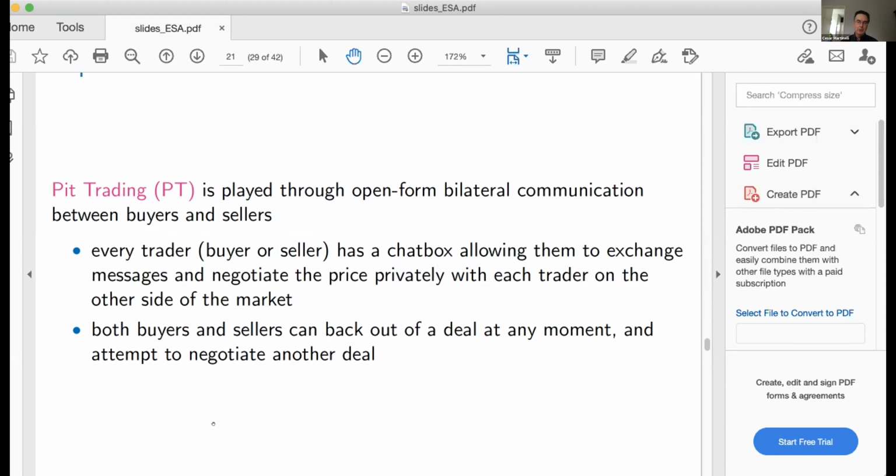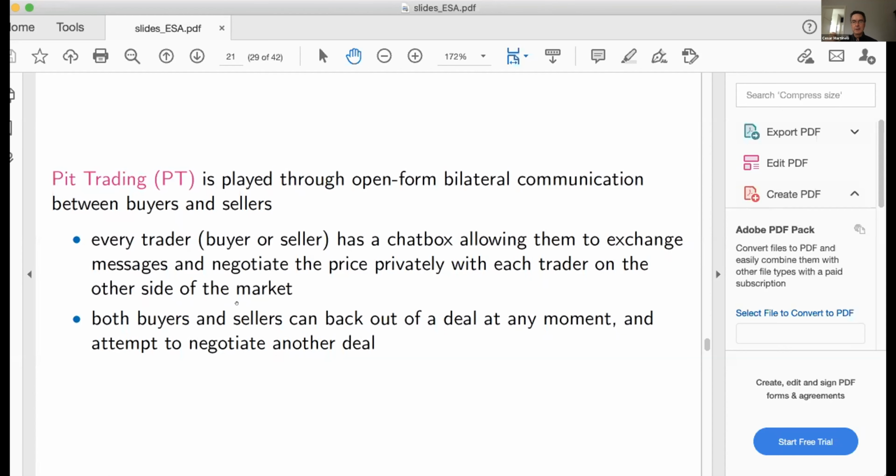Here we allow bilateral communication between buyers and sellers, pretty free. They have a chat box, they can exchange messages, they can make offers, and they can agree on those offers, but they can back out of them at any moment in time and negotiate another deal. It's a bit like when you buy a house: you give your word, you may pay a very small fee for a test, and then you may back out for some other house.